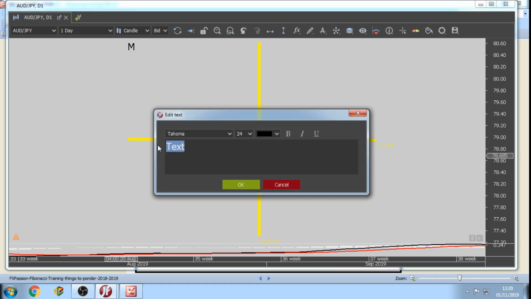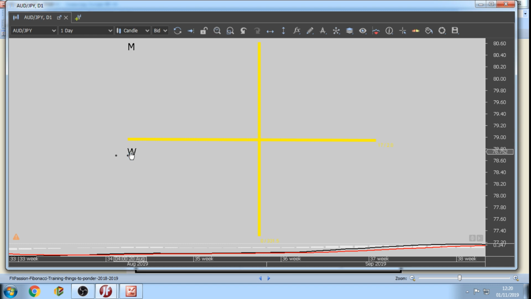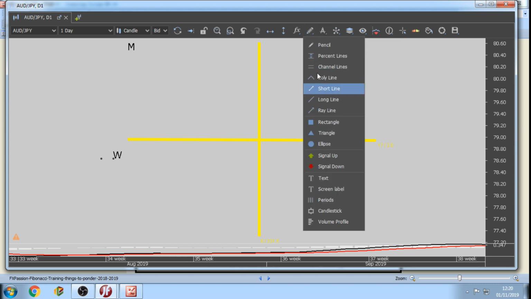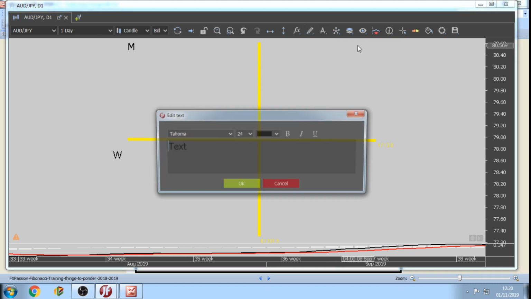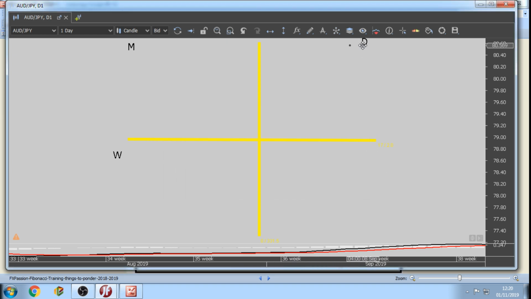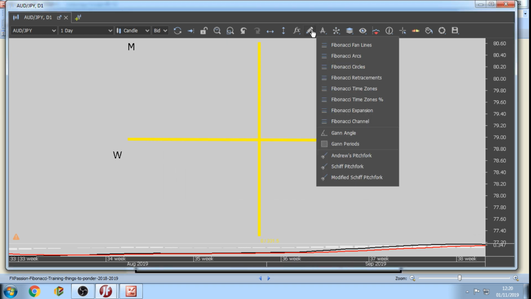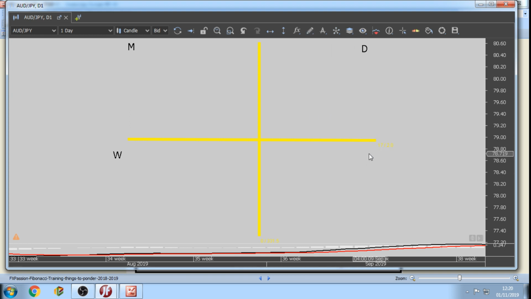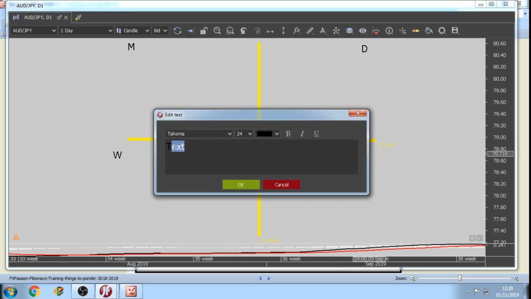This is going to be the weekly, down left corner. This is going to be the daily, right corner on the right, and this is going to be the 1, 2, 4 hours, whatever.